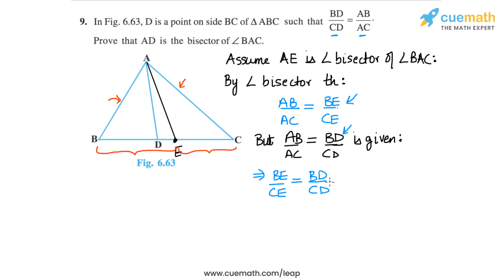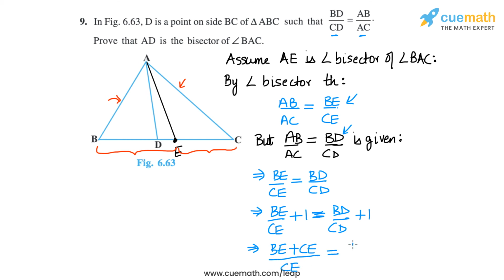Now using this, let's prove that E and D will be exactly the same point. Let's add 1 on both sides of this equation. So we have BE by CE plus 1 equal to BD by CD plus 1. Let's take the LCM. We get BE plus CE by CE on the left side, and on the right side we have BD plus CD by CD.